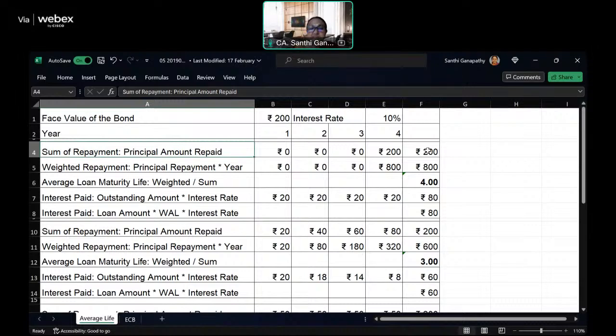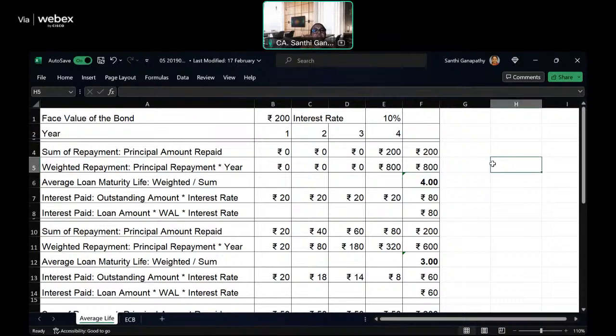In that case, how will I find weighted average life or average loan maturity life? I take the weighted repayment. So 200 at the end of 4 years only. So 800. Average loan maturity life is whatever is the weighted repayment divided by the sum, which is 200. So 4.